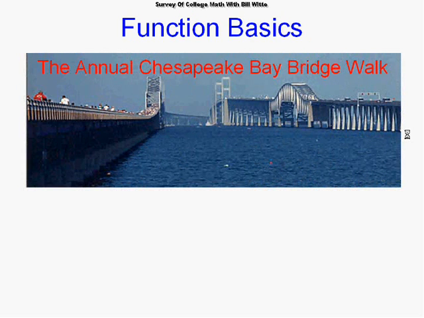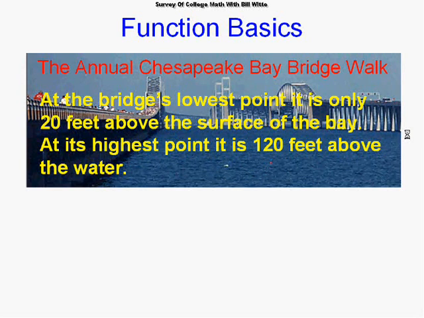Allow me to demonstrate. I remember when I was young, we used to always do the annual Chesapeake Bay Bridge walk. Now, if you've ever been on the bridge in a car or walking, the bridge at its lowest height, right where it meets the land, is 20 feet above the surface of the bay. And in the middle, the highest it gets is about 120 feet above the water.